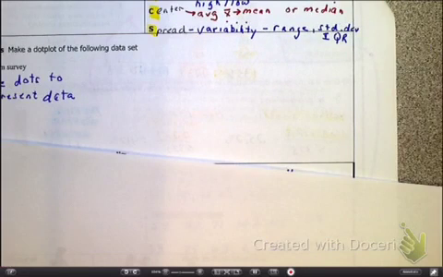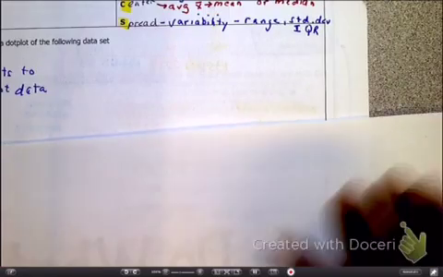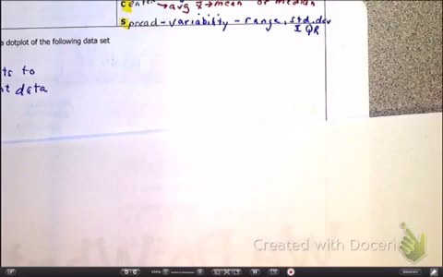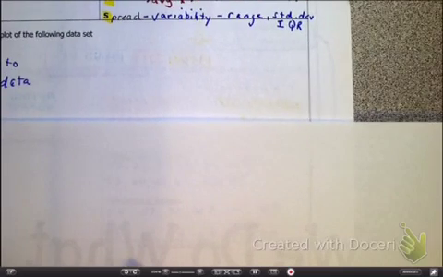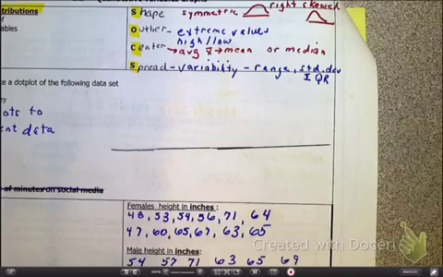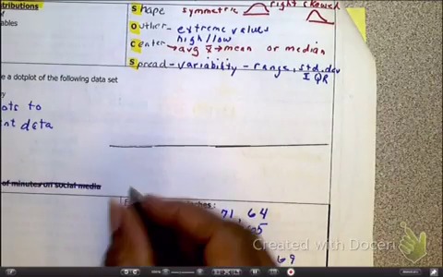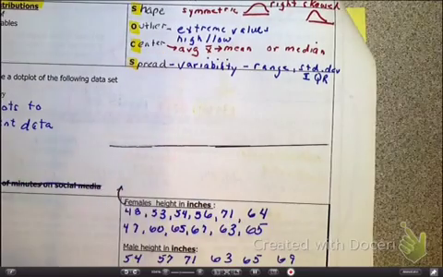Now, a dot plot is exactly what it says. You're going to be drawing a line, and you're going to be putting dots that represent the data. So go ahead and draw a line, and then let's label our x-axis. Now, I'm going to do the females just because I feel like it.